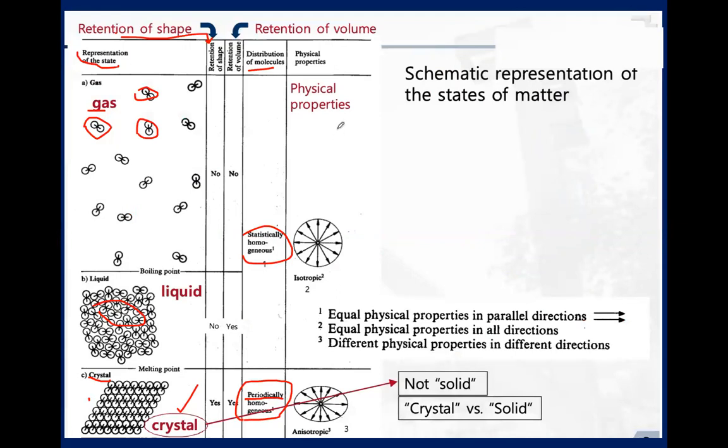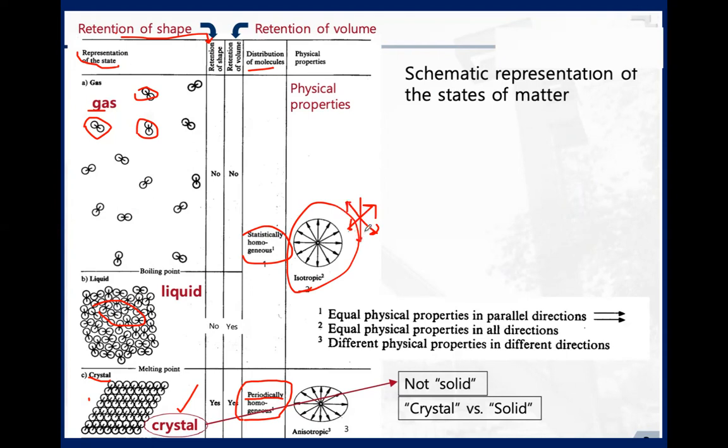So considering these facts for physical properties, we can say that gases and liquids are in general isotropic. That means their properties are the same, or more or less similar, closely equal in all directions.